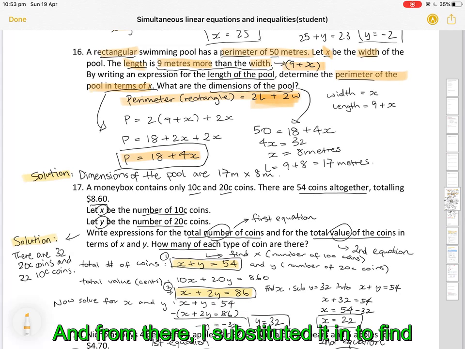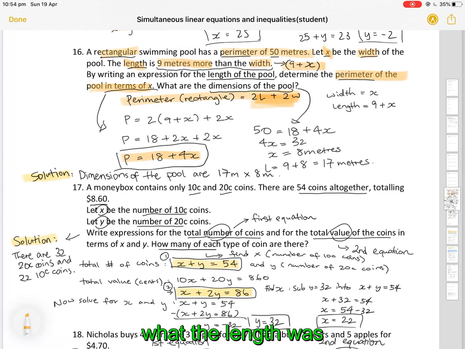And from there, I substituted it in to find what the length was, and our solution being the dimensions of the pool were 17 meters and 8 meters. So x and L.